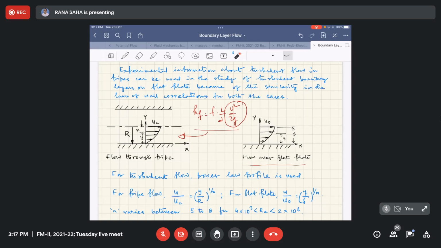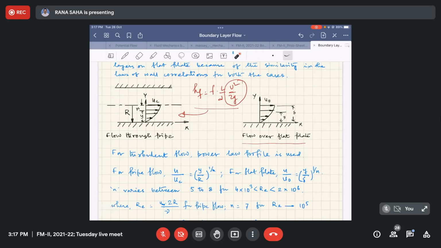But this Y has a relation with the radius variable, the smaller r, and the radius of the pipe. So r can always be written as capital R minus Y, isn't it? Basically here, you can see that r, the smaller one I'm talking about, starts from r equals 0 at the center, and it will be maximum at the boundary, meaning the solid boundary I'm talking about, which is the radius of the pipe.